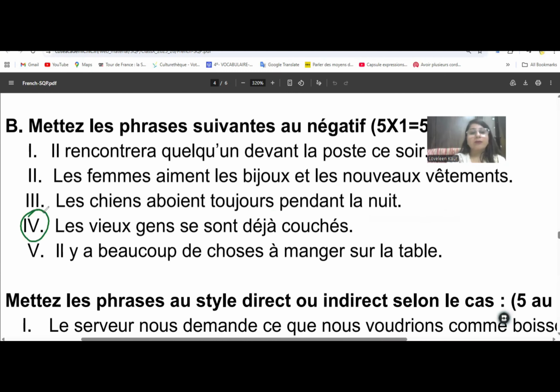Now we have quatrième. "Les vieux gens se sont déjà couchés." Now it's a déjà type of sentence. Déjà means already. So déjà changes to pas encore, not yet. Alright? So I'll make it. Les vieux gens means the old people. "Se sont", this is the helping verb. And this is déjà, this is couchés, the past participle.